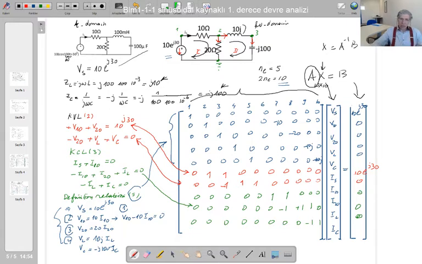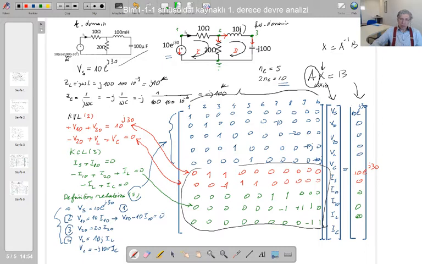So if you look at the A matrix, there are many zeros there. In general, you can say that the different entities that you can see in the matrix A are zeros, plus ones, minus ones. These are the coefficients that you see in the Kirchhoff current and voltage law equations.